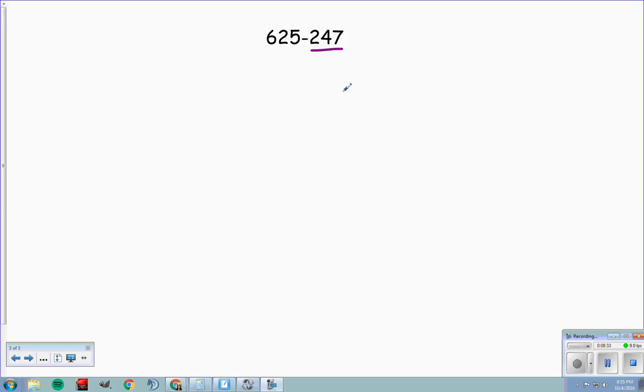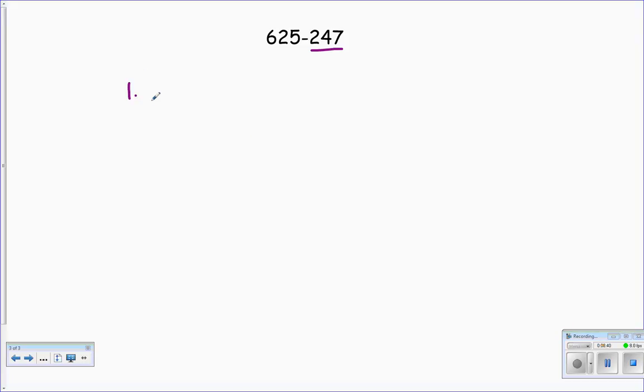Okay, our next step is to actually begin subtracting. Where you see on your worksheet where it says, sorry, it's going to say step 2, I want you to show me where you're going to say 625 minus something equals something.